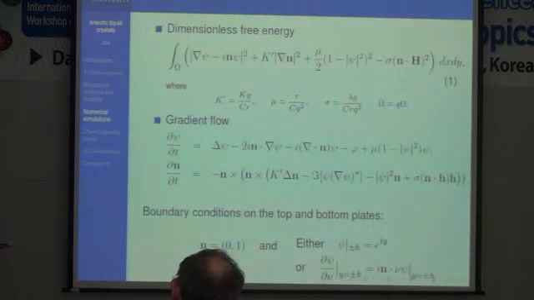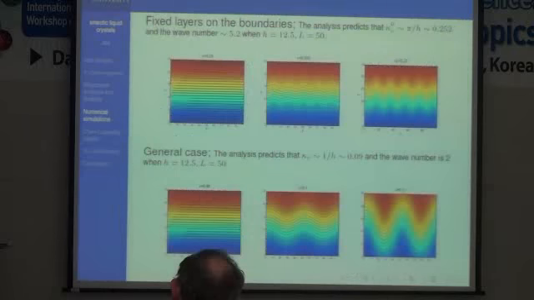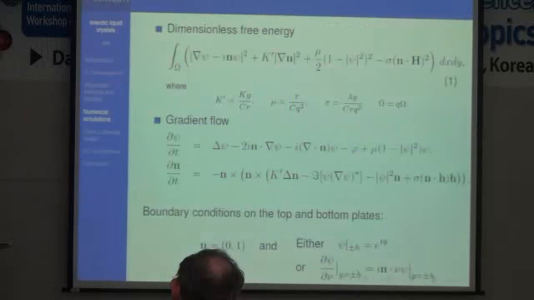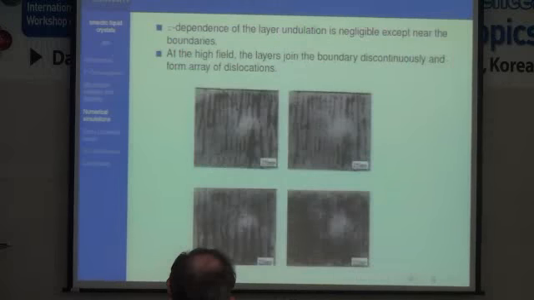But in the previous one we used a constant layer density, and of course we can use a non-constant layer density. So this is the dimensionless free energy now. We nondimensionalize this free energy, and again, these are the gradient flow equations, and then we can see some phenomena well above the critical field.